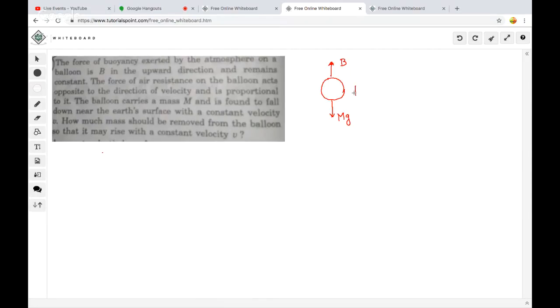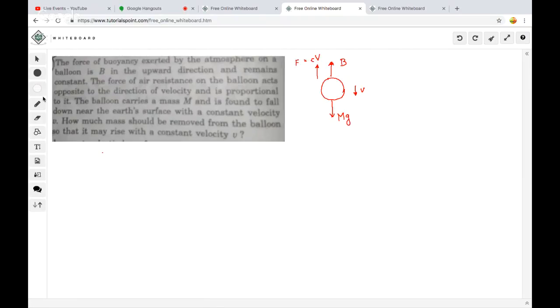So this balloon is moving down with velocity v. Now that we know the direction and magnitude of velocity, I can show the direction of the force of air resistance. It will be acting in the opposite direction, which is upward. So this force is equal to a constant times velocity.